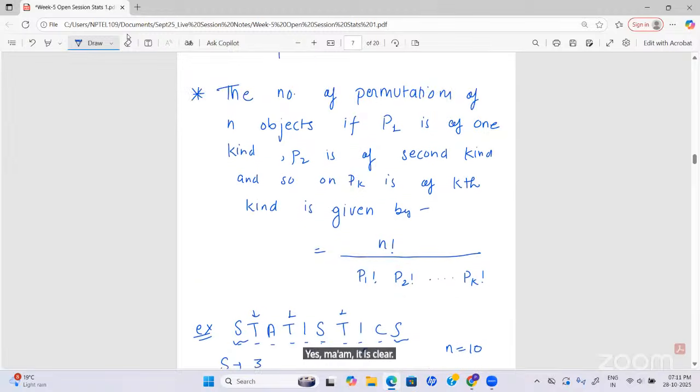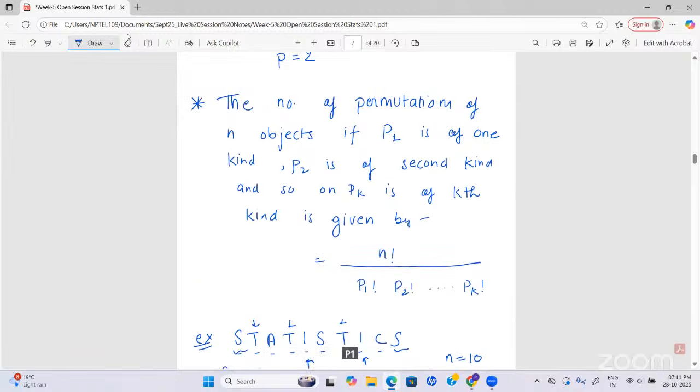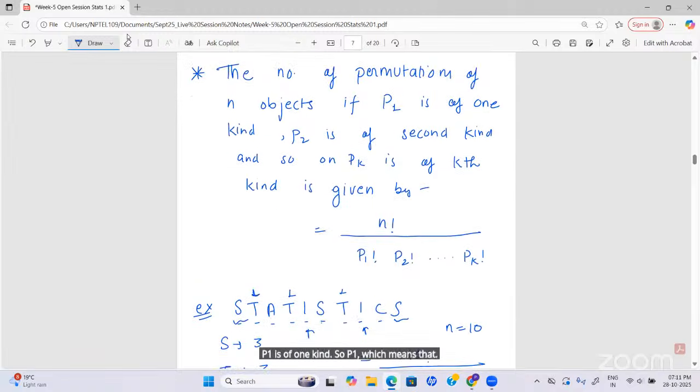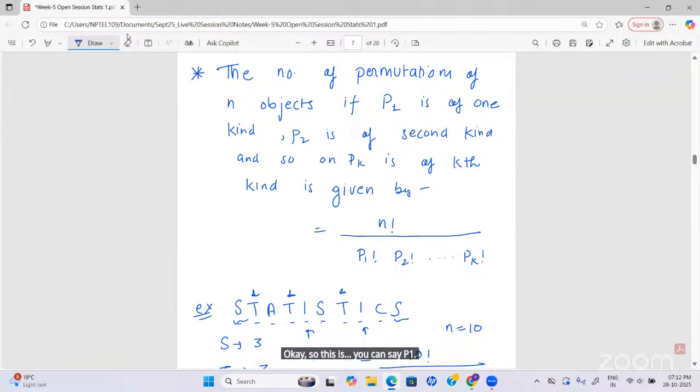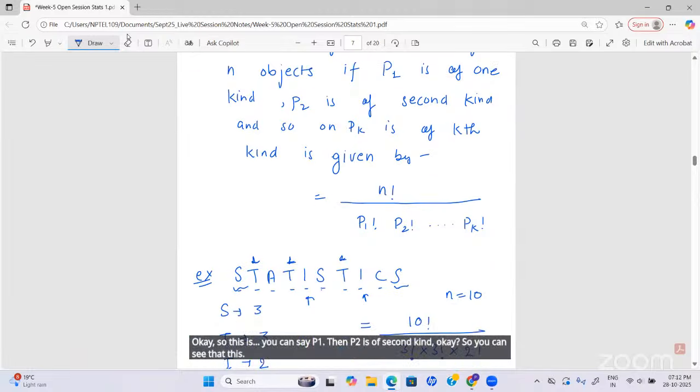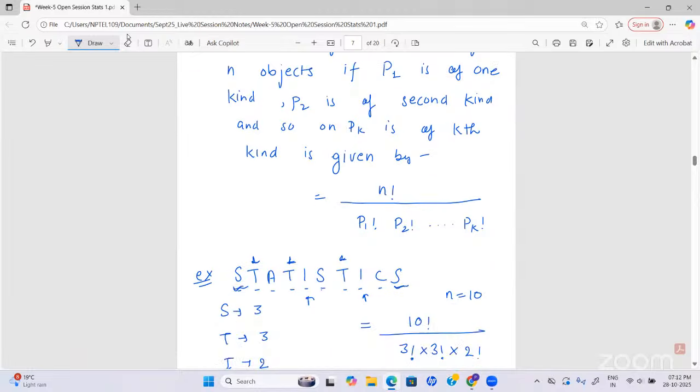Go back to the formula again, that P1 is of one kind. P1 means 3 of the letters are of the same kind. They are all the same, so this is P1. Then P2 is of second kind, so you can see that S is, suppose, P2.